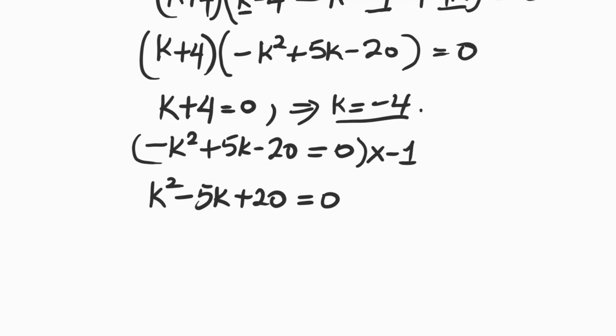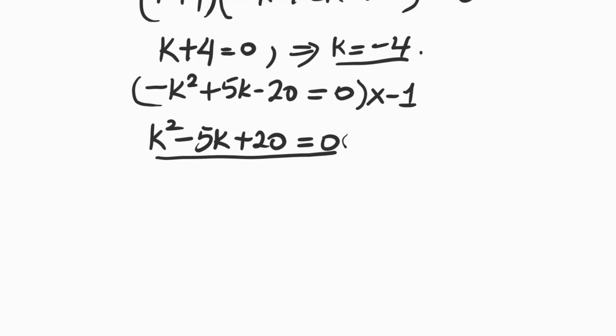Now, let's come over to the second one. So what two numbers can we multiply together to get 20, and then when we add together, we get minus 5? We can't really figure that out unless we use the quadratic formula. So here we have that our a is 1, our b is minus 5, and our c is 20.